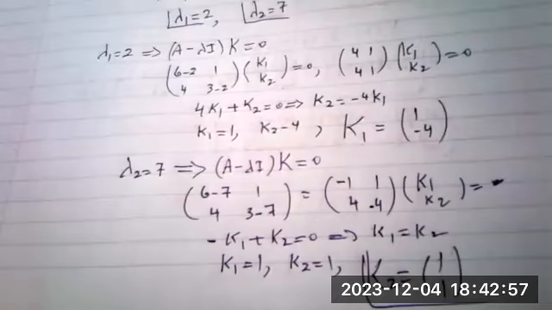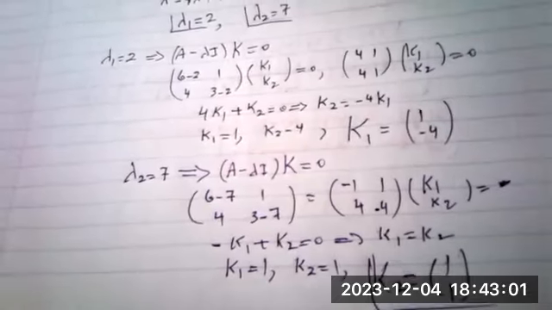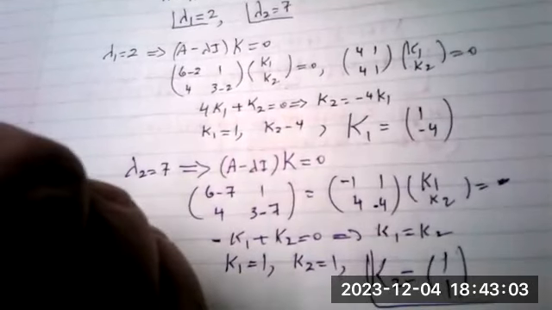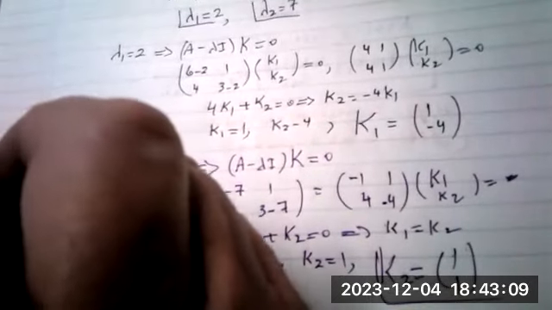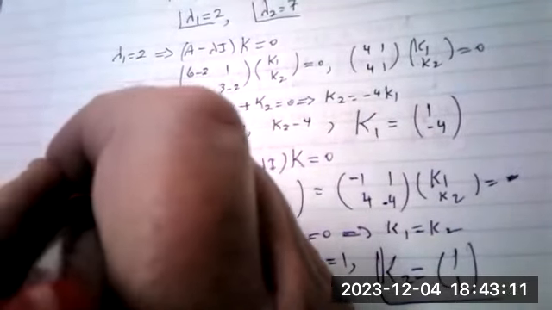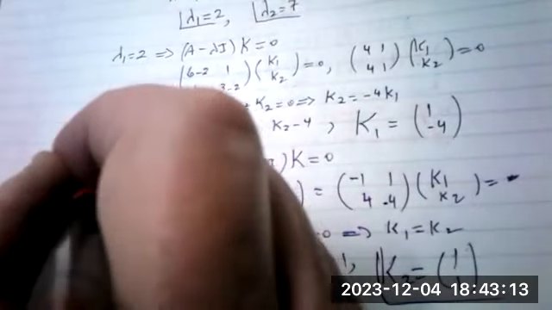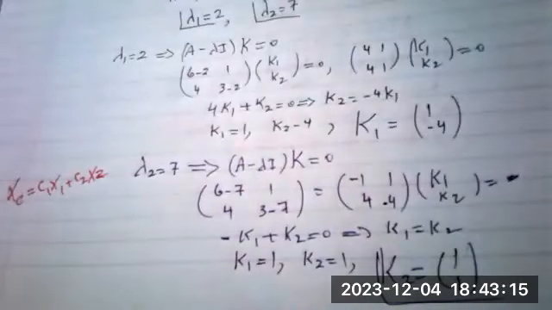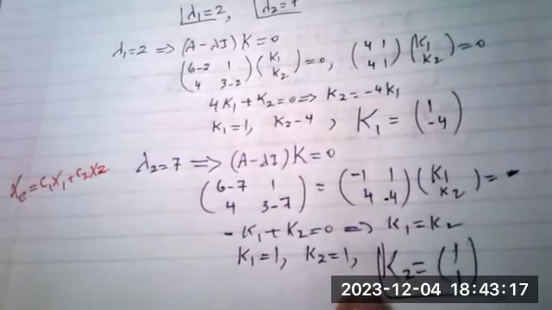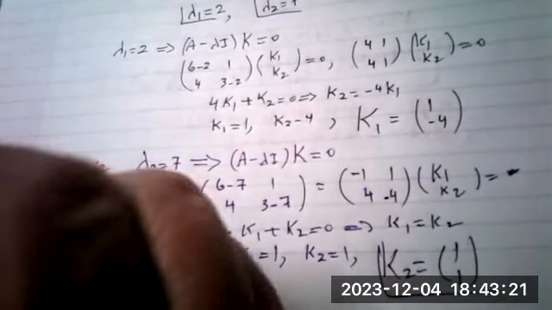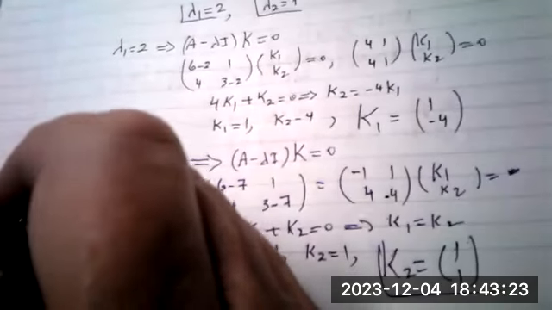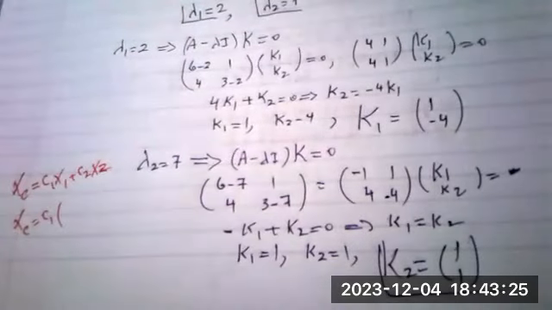So we have the XC, if you like. Okay, so we write down here XC. The XC is going to be C1 X1 plus C2 X2. You can come back and then correct that. So which is going to be, let me write it down, C1 K1.